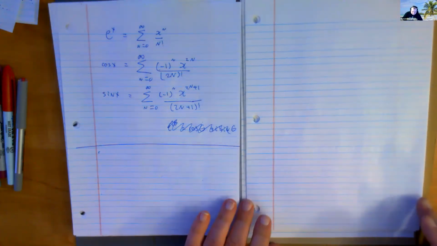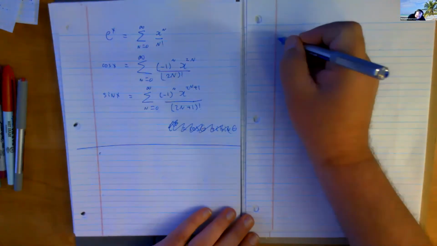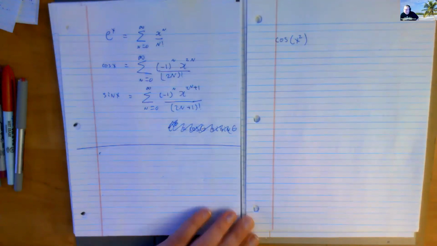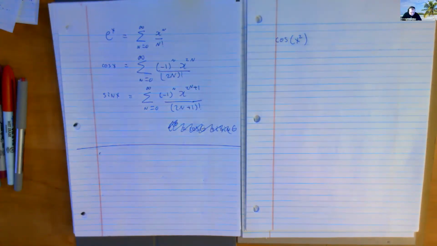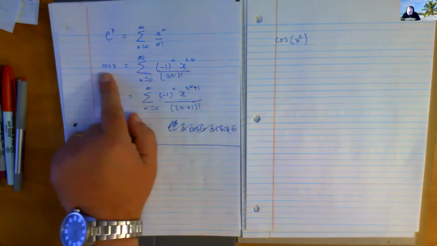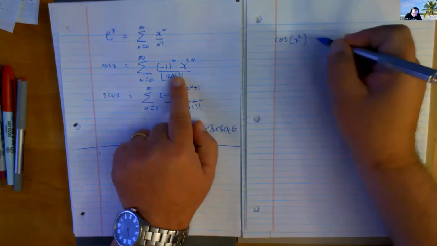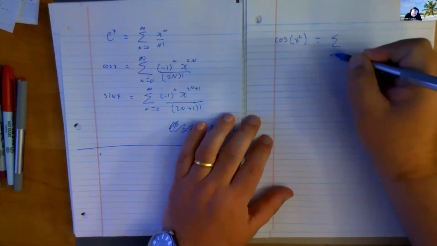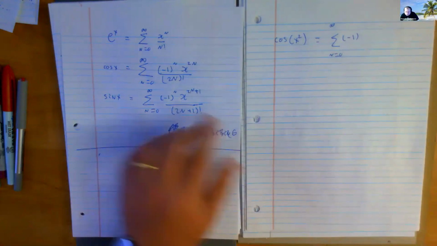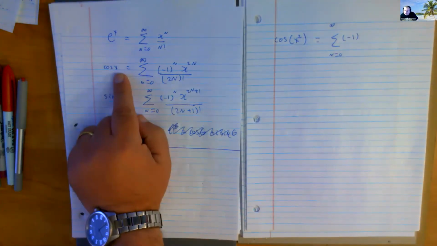So, for instance, I would like to know the power series of cosine of x squared. Well, I know the power series for cosine x. All I need to do then is substitution. Don't think of that as x anymore. Think of that as a placeholder where you put things.